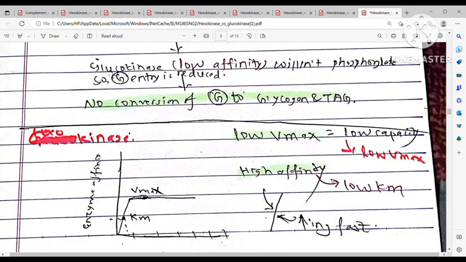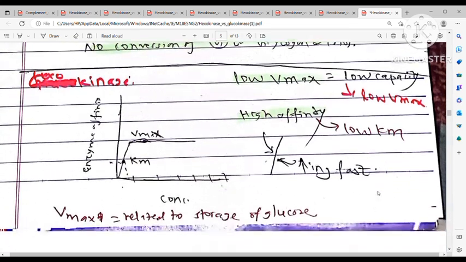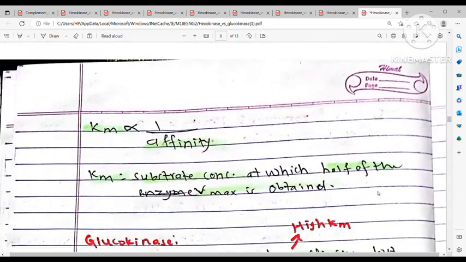We know that hexokinase has high affinity. That is, baby has high affinity towards candies, but low capacity. Affinity is related to Km. Km value is inversely proportional to affinity. If affinity is high, Km value is low. If affinity is low, Km value is high.